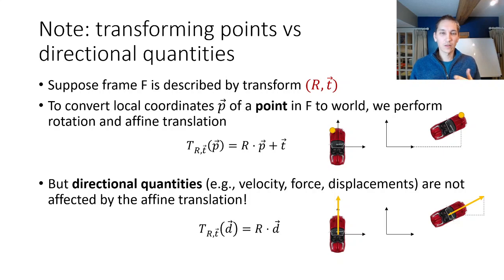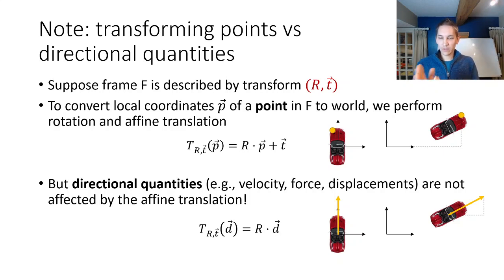That gives you the coordinates of the point in the world coordinate system. However, if we wanted to take a directional quantity, like the velocity of this robot, or a force that we're applying, or a displacement between 2 points, these don't get affected by the affine translation. So they only get affected by the rotation part.